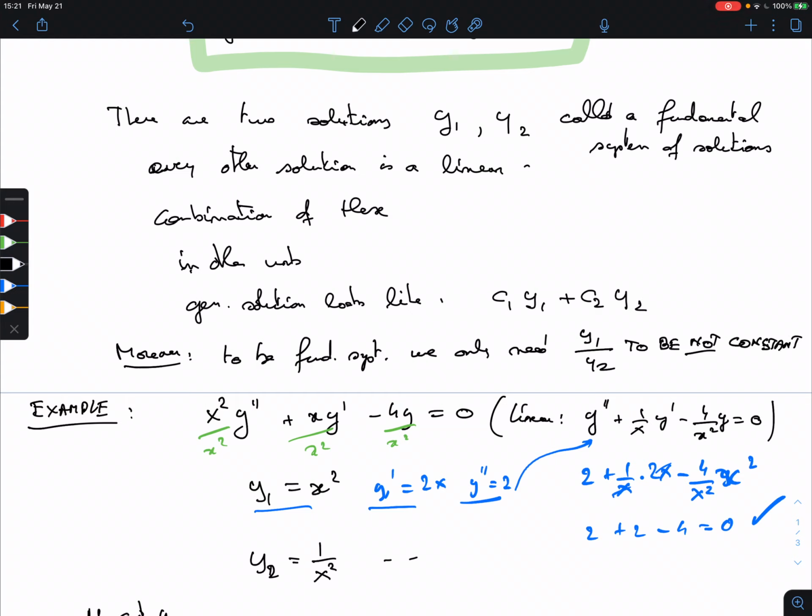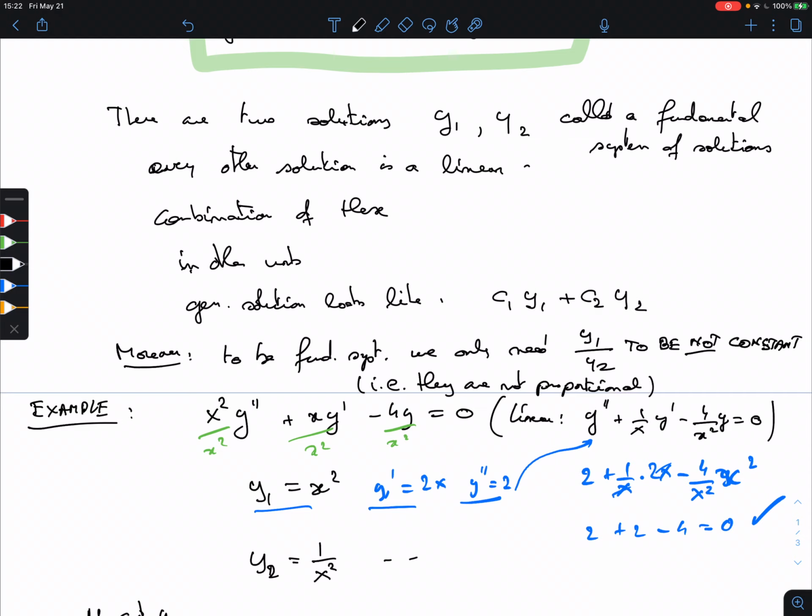As long as that quotient is not constant, another way of saying that, this is easier to check, but perhaps you understand it better if I say, i.e., this means they are not proportional. One is not a constant times the other.